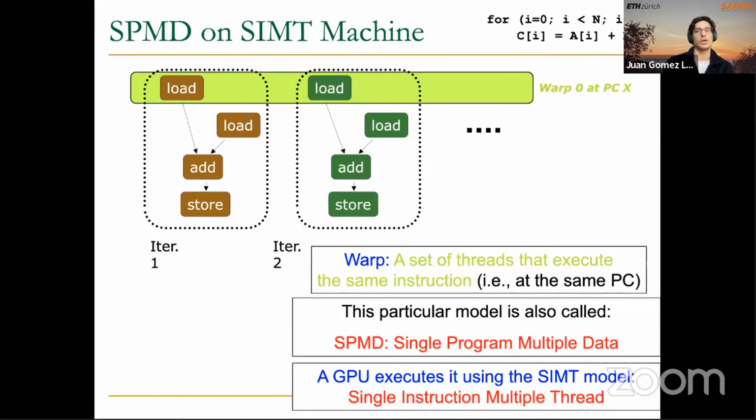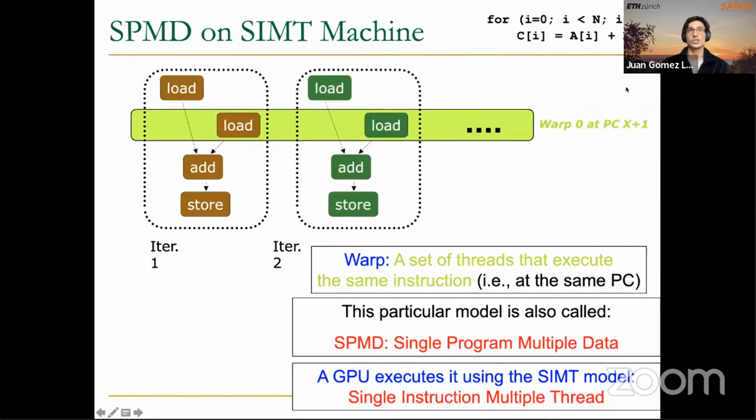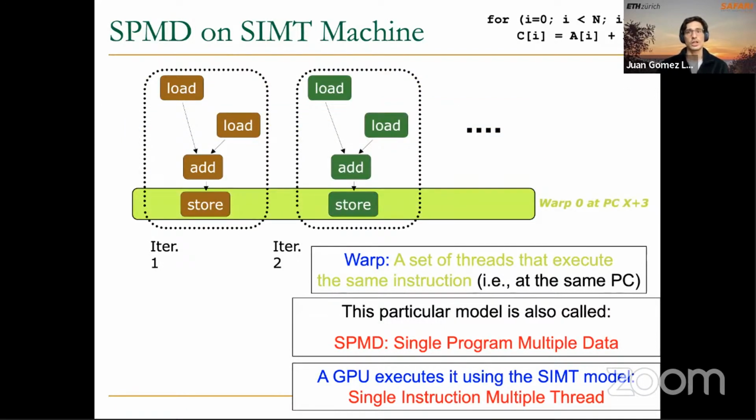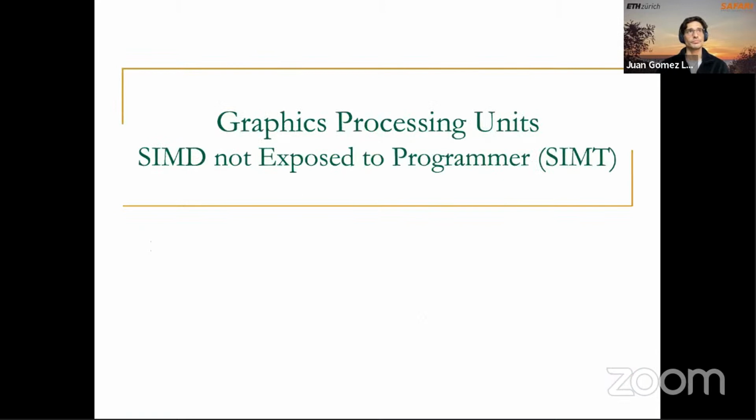So the way that we are going to execute here is, this is one instruction for the different threads that resides in a certain program counter X. The next instruction is program counter X plus 1, but as you see is also for warp 0, then the next instruction, then the next instruction.